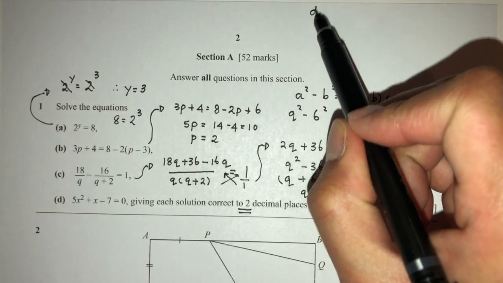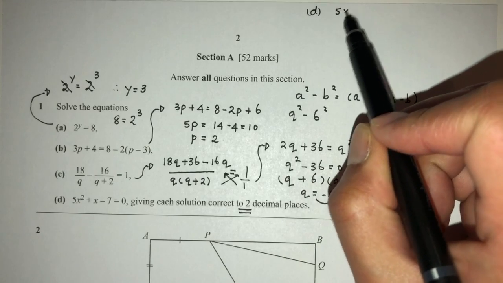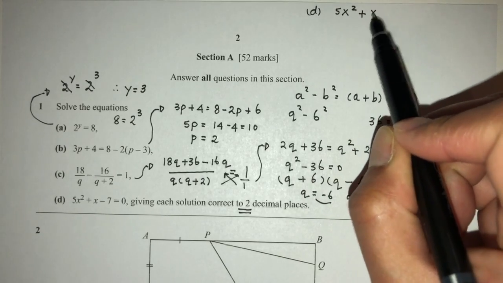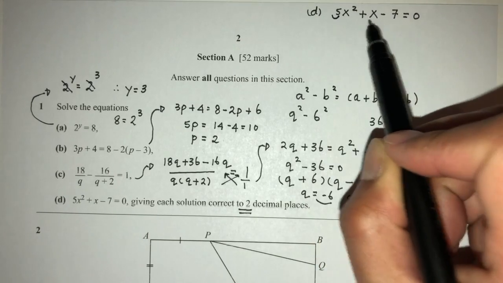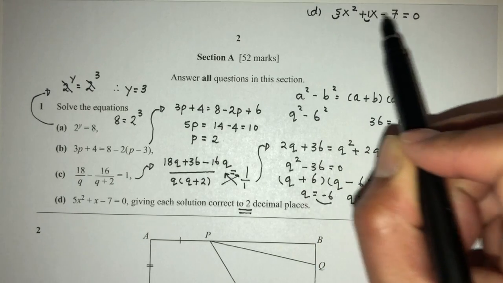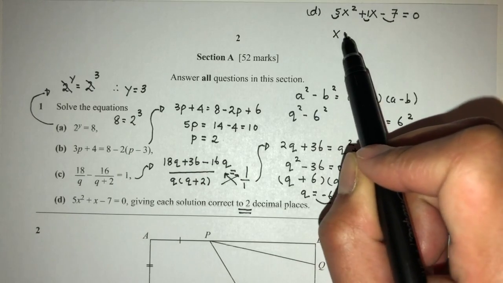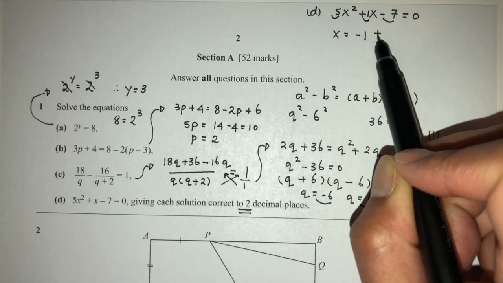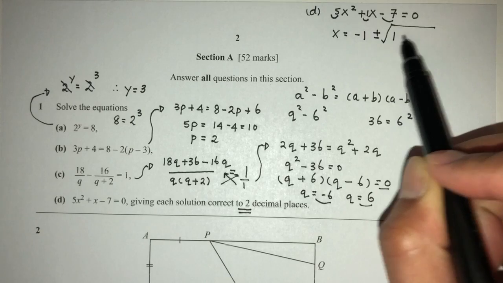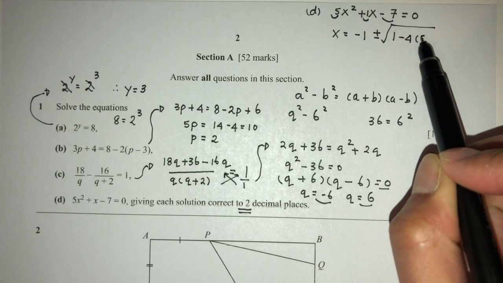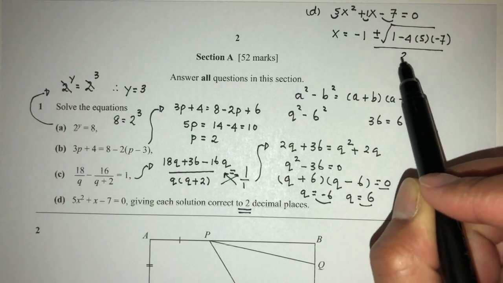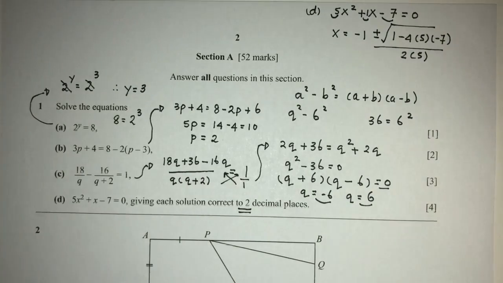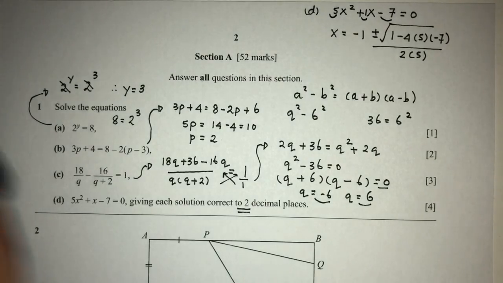So part D, that will be 5x squared plus x minus 7 is 0. This is A, so B will be here, and this is C. So x will be minus b plus minus root of b squared minus 4 times a times c, divided by 2 times a.